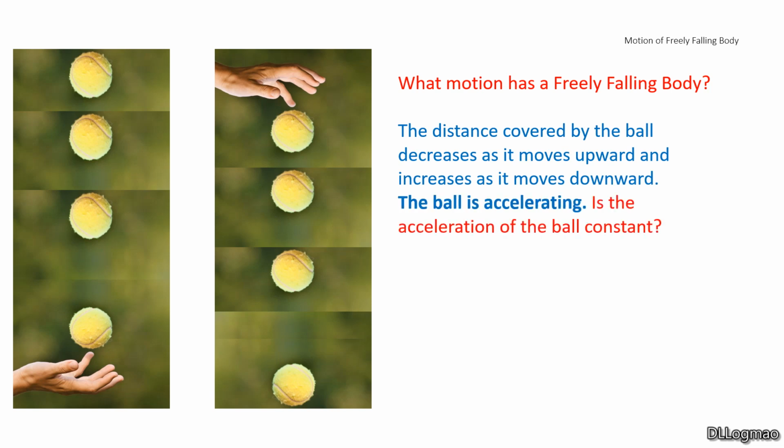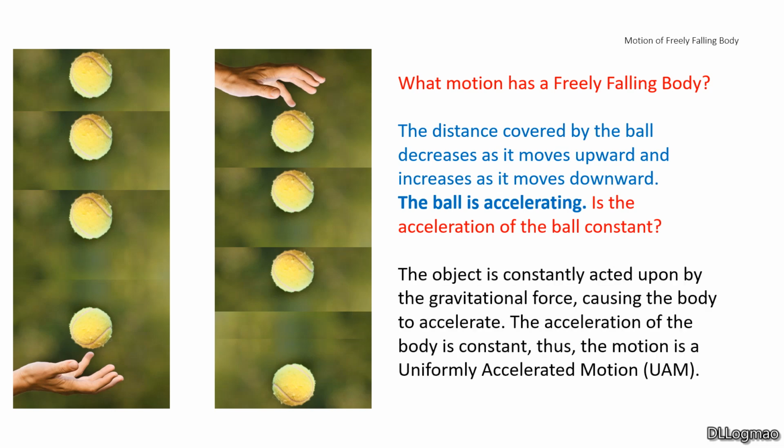Is the acceleration of the ball constant? Note that the object is constantly acted upon by the gravitational force causing the body to accelerate. Because this is the only force acting on the body, the acceleration is constant. Thus, the motion of a freely falling body is a uniformly accelerated motion, UAM.